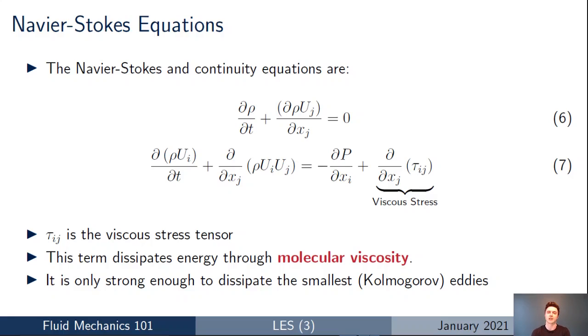But remember, in the real flow, this dissipation is not strong enough to dissipate those eddies that are just larger than the grid size. So just intuitively looking at equation 6 and equation 7, we would expect that we need to do something to the viscous stress term in equation 7 so that we can artificially increase it a bit. And that's what we're going to do for the LES equations.